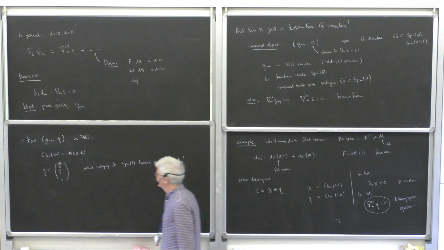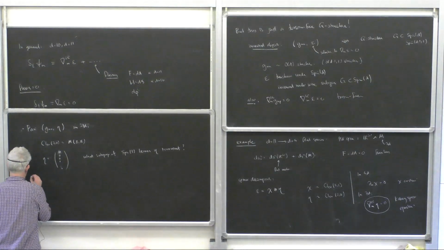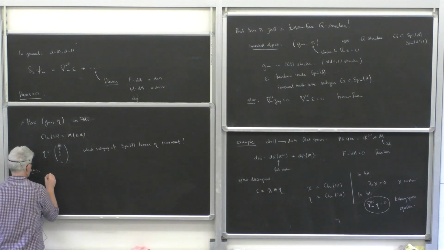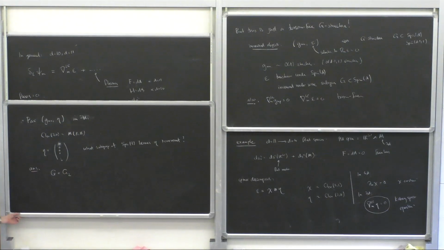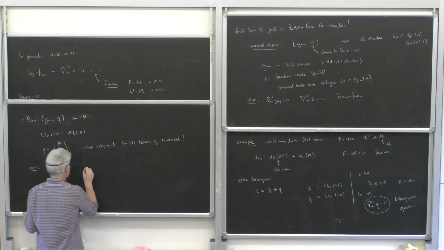And the answer is the following. The answer is that G is this group G2. So this is an exceptional Lie group.